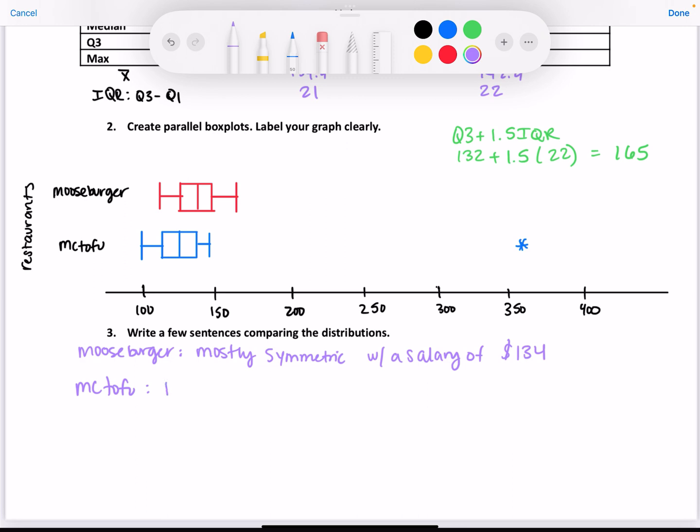McTofu was mostly symmetric. And you're probably like, no, it wasn't. If we remove the outlier, but an outlier of a salary of $360.